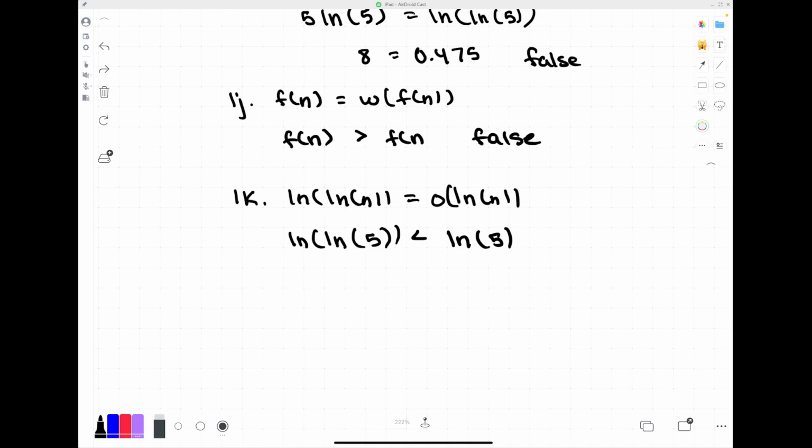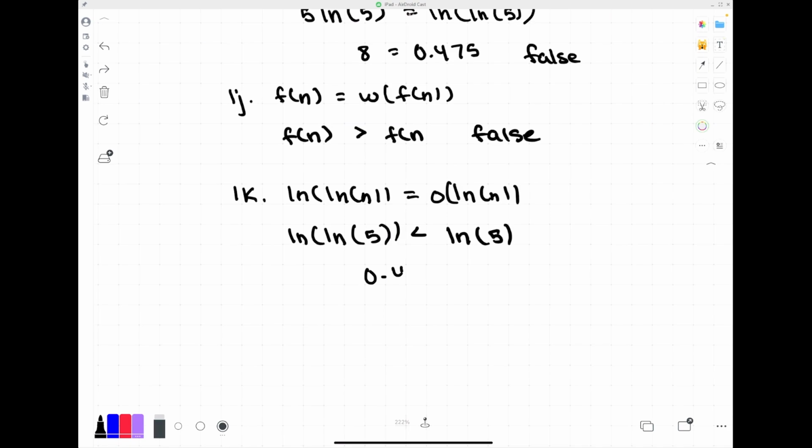So I'm going to plug this into my calculator. This is approximately 0.48, and then it's approximately equal to 1.61. So this statement has to be true.